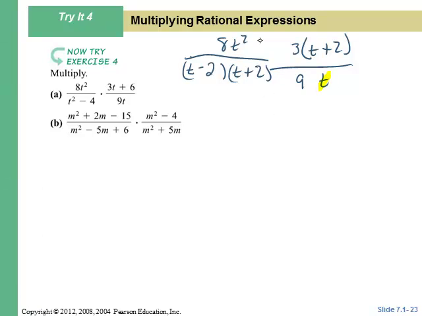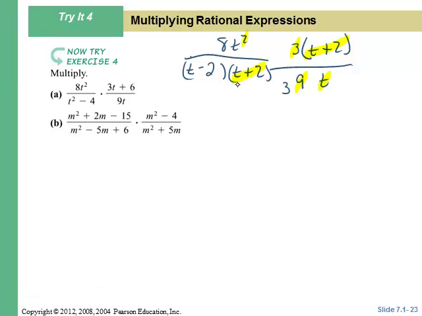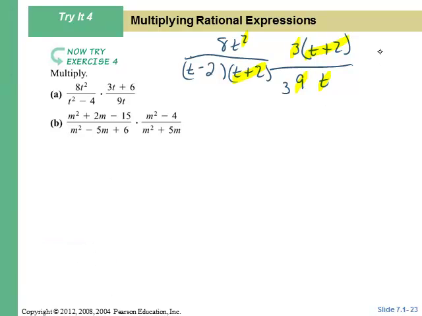We can cancel the t against one of those two t's, cancel 9 against 3, and we're left with a 3 in the denominator. Cancel the plus 2 against t plus 2. And our simplified answer is 8t over 3t minus 2.